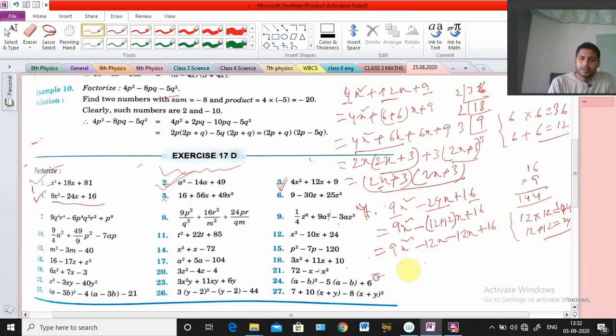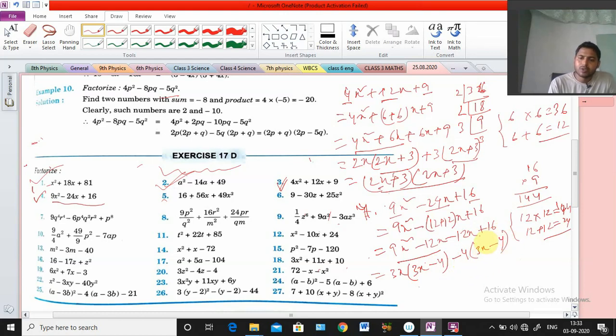Okay, so take common. So what is the common, sir? 9 and 12, 3 is common, 3x common. 3x common means the remaining 3x will come, and minus 4 will come because 3 times 4 is 12. Next, minus 4 common because 4 times 3 is 12 and 4 times 4 is 16. So that's why 3x minus 4.